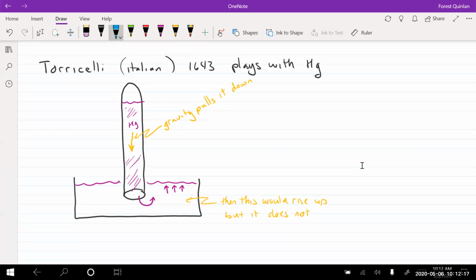If there was a force going up, this would go up. There must be some sort of force pushing it back down. And the air keeps pushing it down.